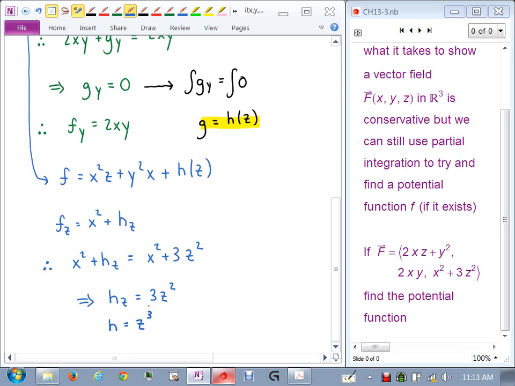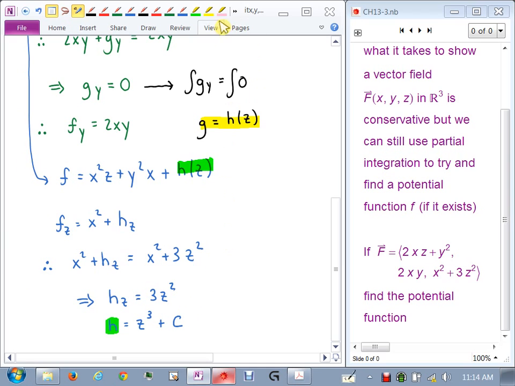Z cubed plus, this time it could be a constant, right? But this constant is not a function of x, y, or z. It is truly just a constant. So now I know what this h is, which means I do know f exactly now, within a constant.